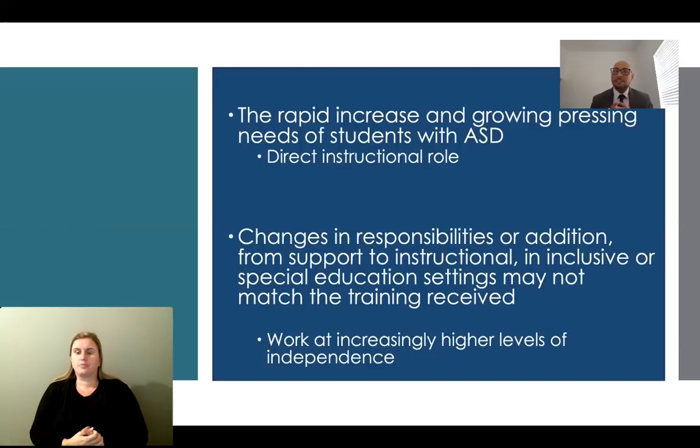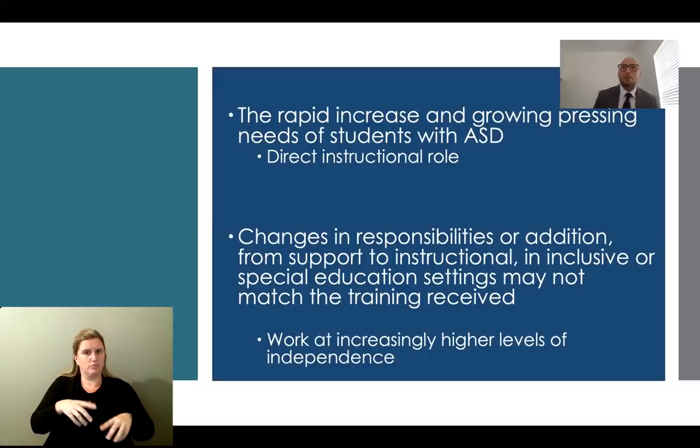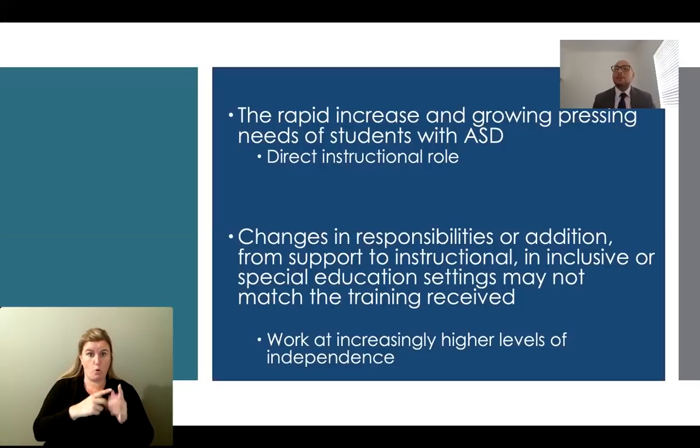With this shift, that may not match the training that our paraeducators have received. So what this means is that our paraeducators may have shifted from a specific type of role to another type of role without receiving adequate training, which of course is going to be reflected in outcomes for students.